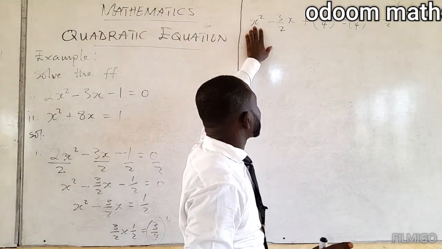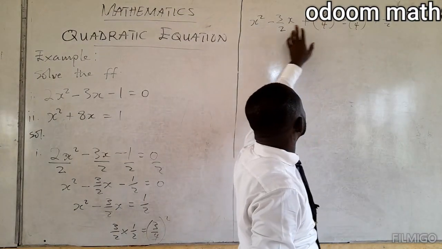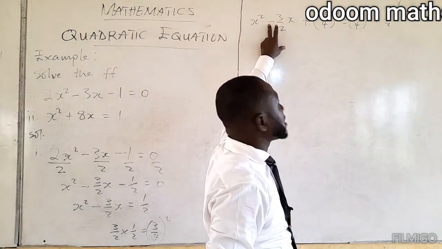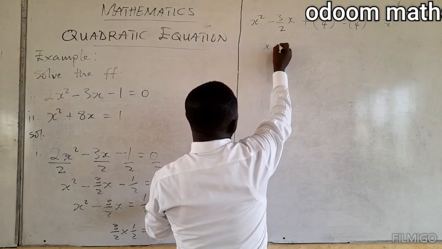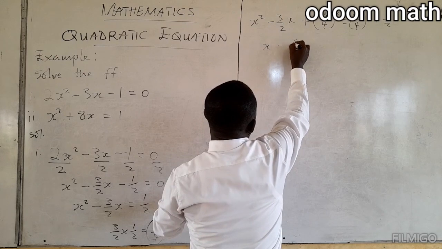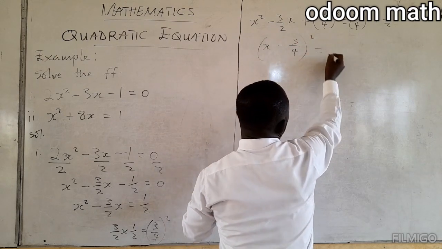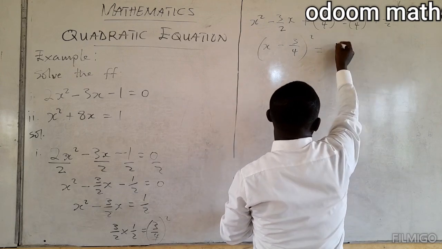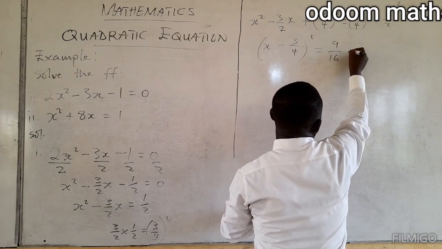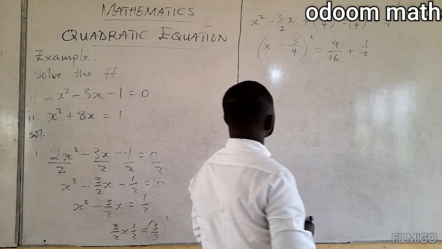We select this x and this number and separate them with the operation sign here. So x minus 3 over 4 all squared is equal to 9 over 16 plus 1 over 2.